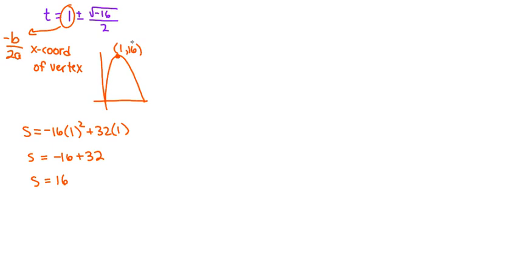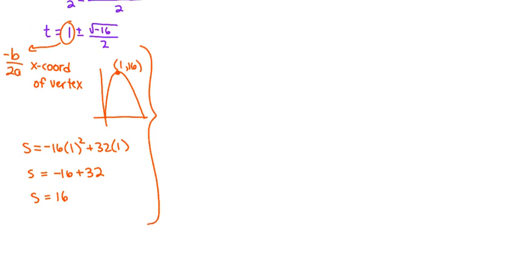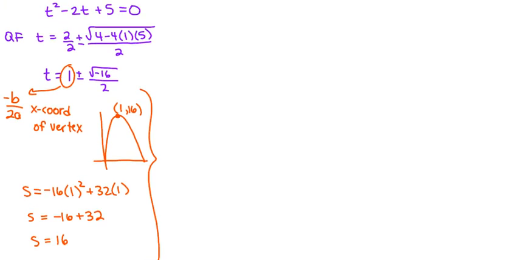Now all of this in orange here was unnecessary. It's just nice to connect the ideas together. We already know some things about parabolas. They have a vertex. The vertex in this case is the maximum. How do you find that? You can use just this part of the quadratic formula.